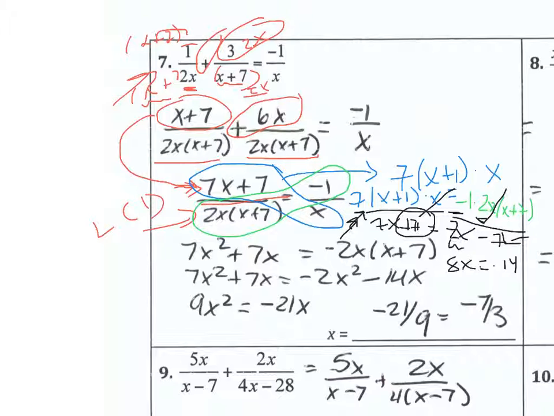I get -2x because I'm distributing the -2. -2x minus 14. So then, if I add this 2x to the left, I get 9x. And on the right, if I subtract 7, I get -21. I divide by 9. And these both divide by 3, so we get -7/3.